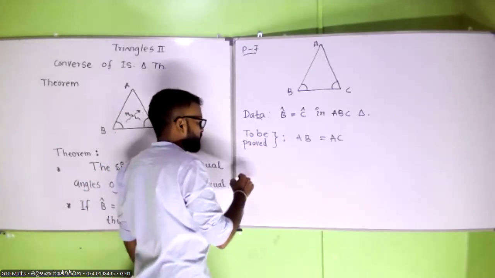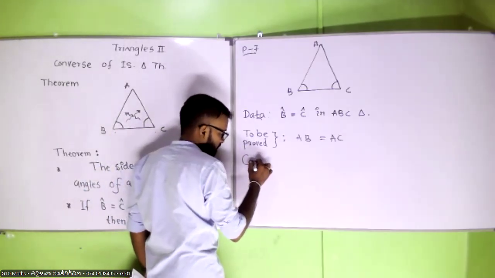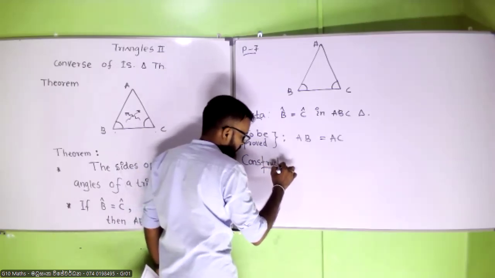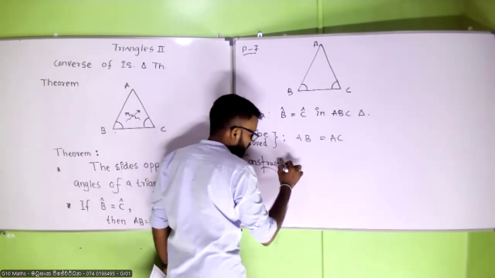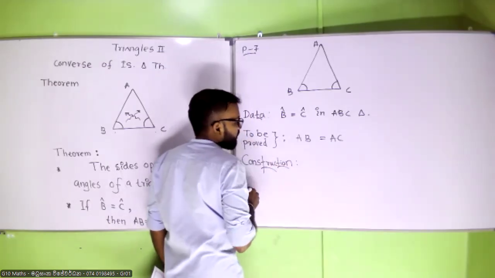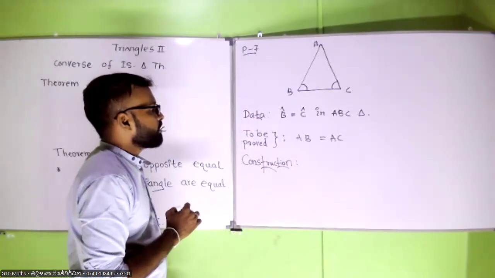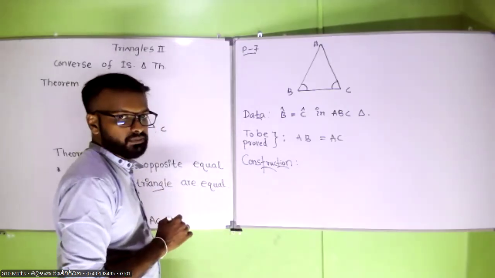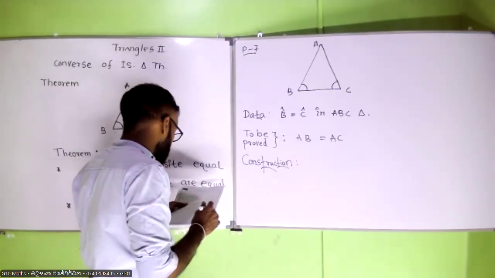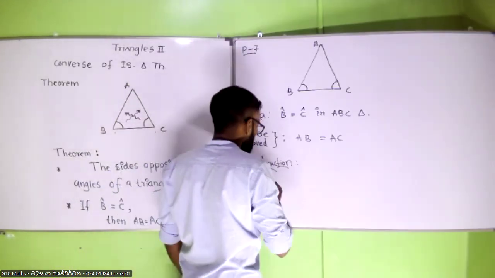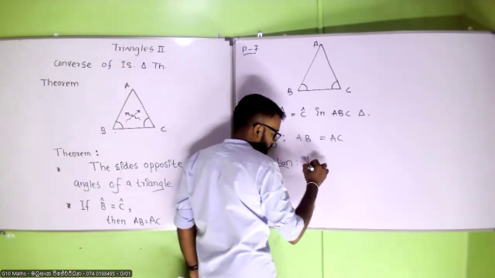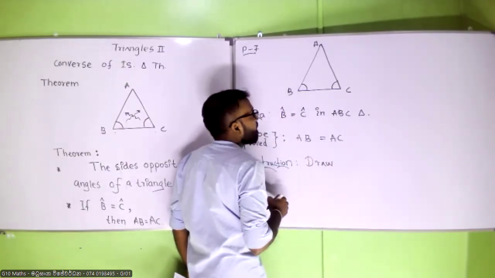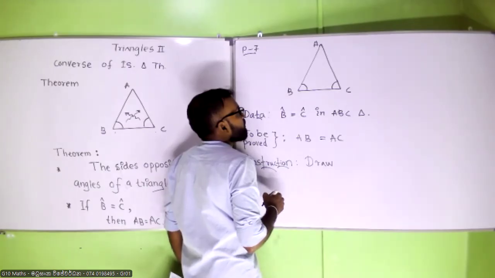Right. Construction. The construction that we need to do, in order to show that AB equals AC, is we are going to draw the angle bisector of angle BAC.